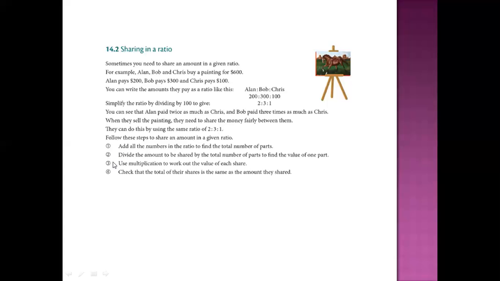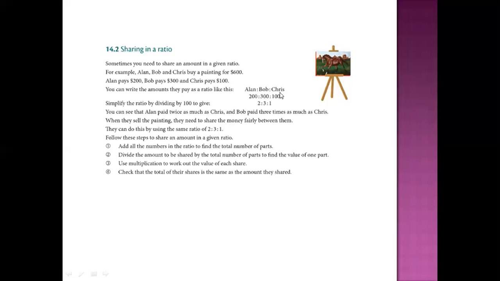Secondly, divide the amount to be shared by the total number of parts to find the value of one part. The original value of the painting is $600, and we divide it by the total of six parts, and we get 100 for each part.